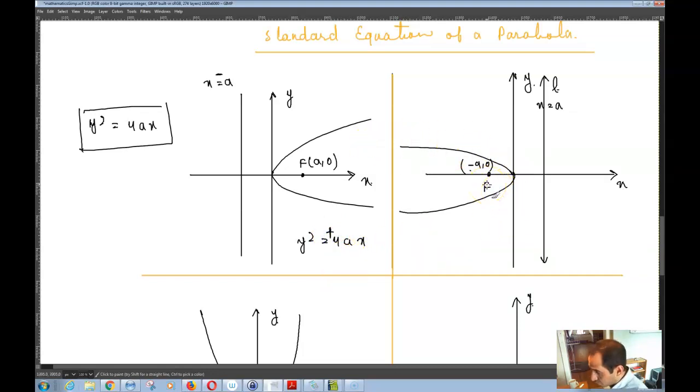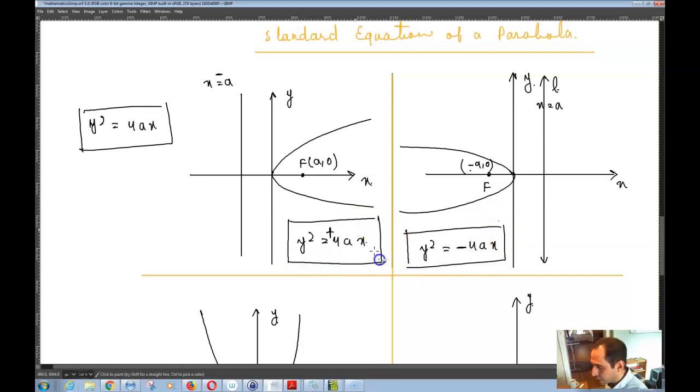If it's opening towards the left, then your equation is going to be y squared is equal to negative 4ax. So these are the two different ways that you can represent the parabola algebraically if it's opening towards the right or towards the left.